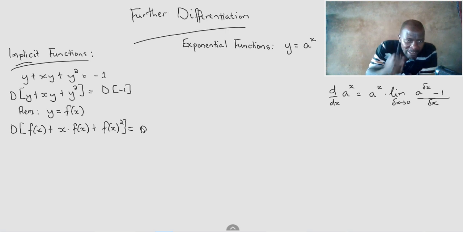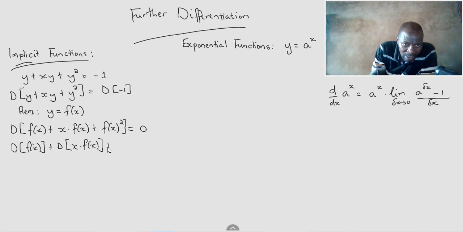Now, when we look at the derivative of a sum of functions, we know that it is the sum of the derivatives of the individual functions. This we've done before. So it's the derivative of that, plus the derivative of this product, plus the derivative of that function of a function.